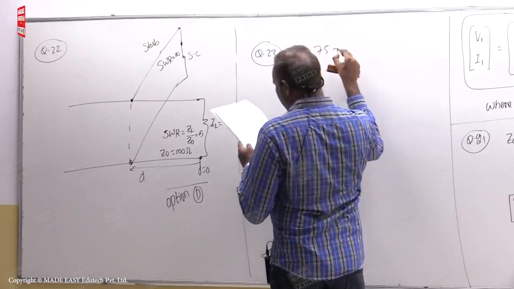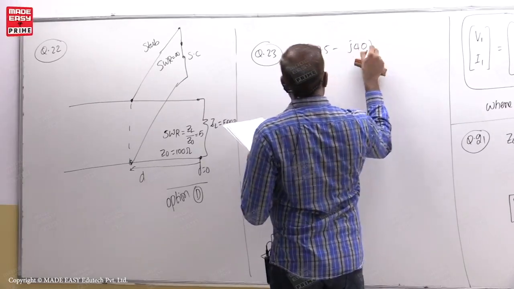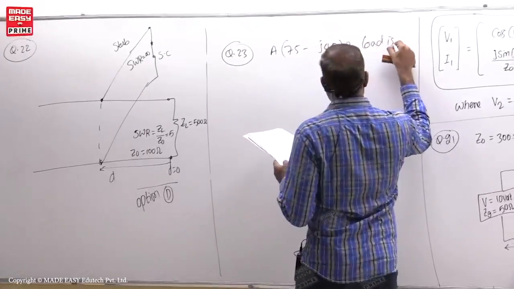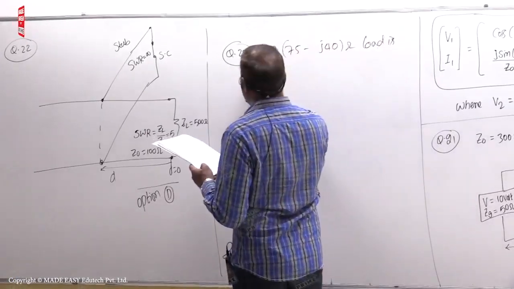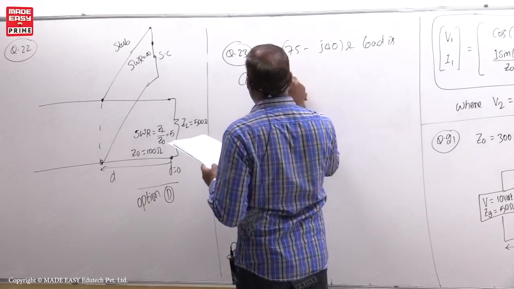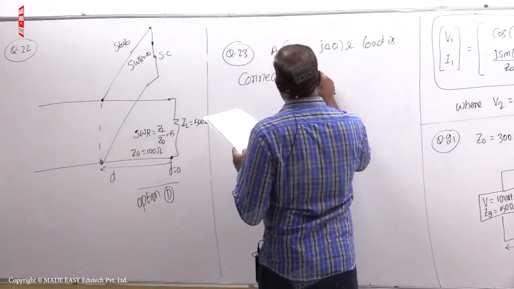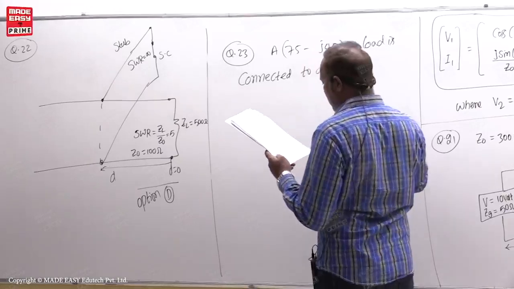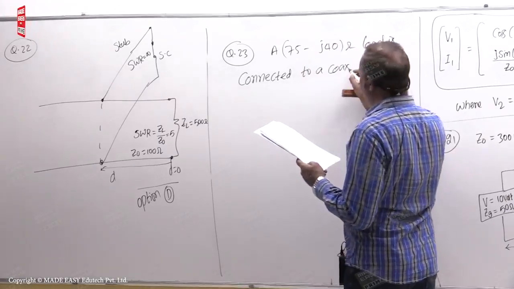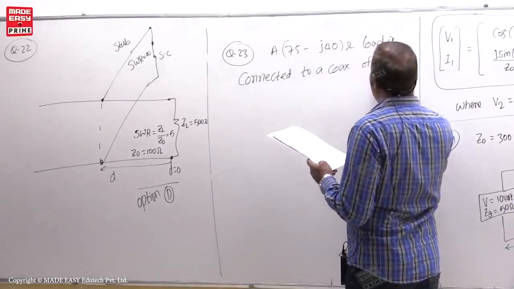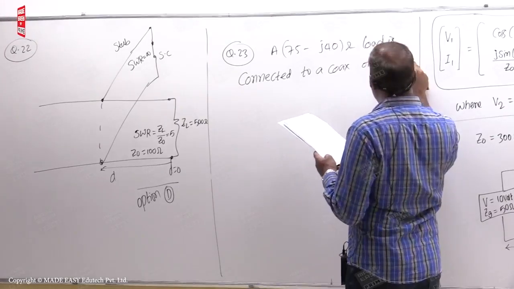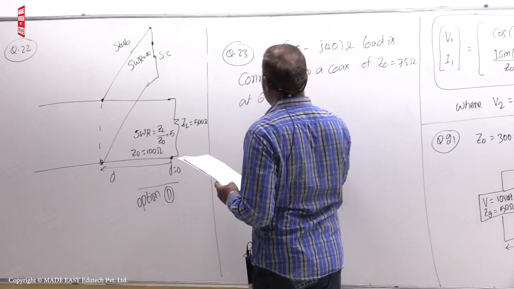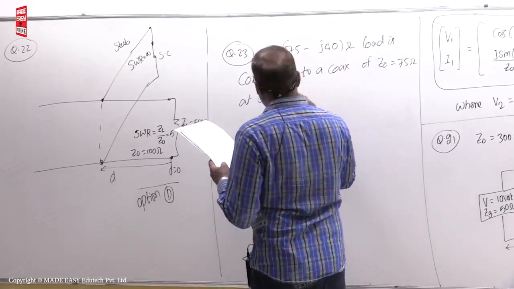So, question number 23. A 75 minus j40 ohm load is connected to a coaxial cable. Simply it is called coax. Coax means coaxial cable of characteristic impedance Z0 75 ohm at some frequency 6 megahertz.